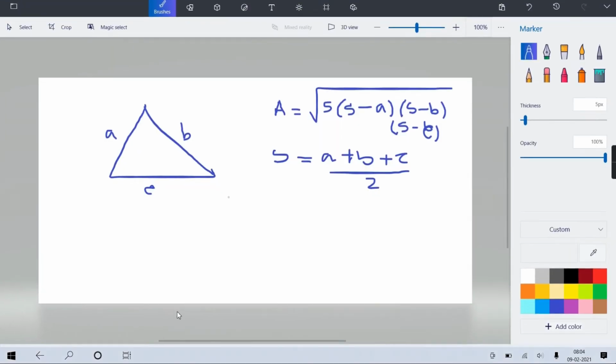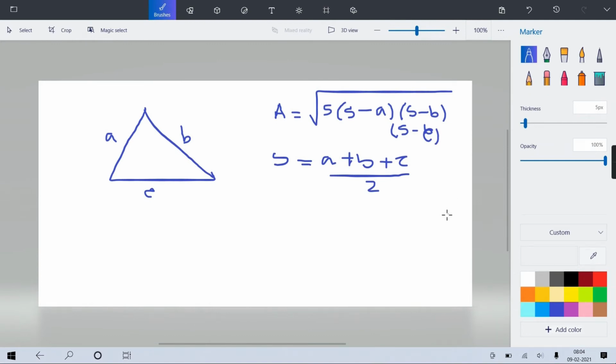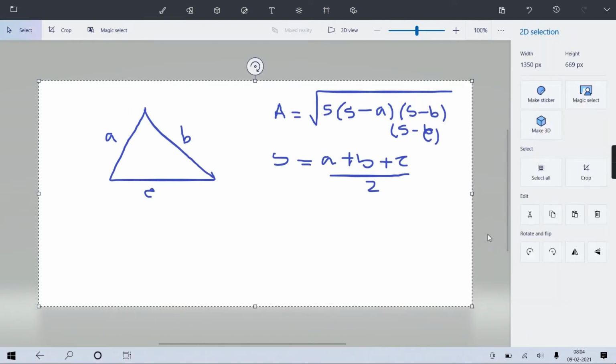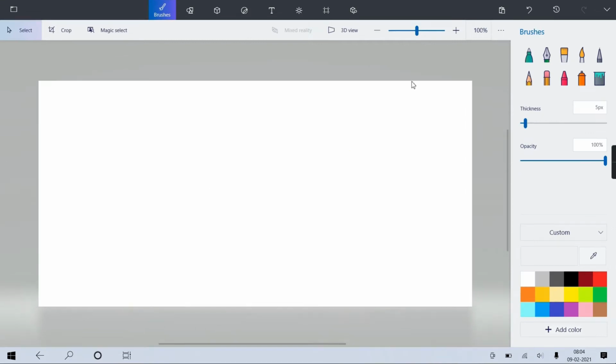Now I hope you know the quadratic equation. It is a polynomial of order 2. As it is order 2, it is called quadratic. If it is order 3, we'll call it a cubic equation. So every quadratic equation is of the form ax square plus bx plus c equal to 0.